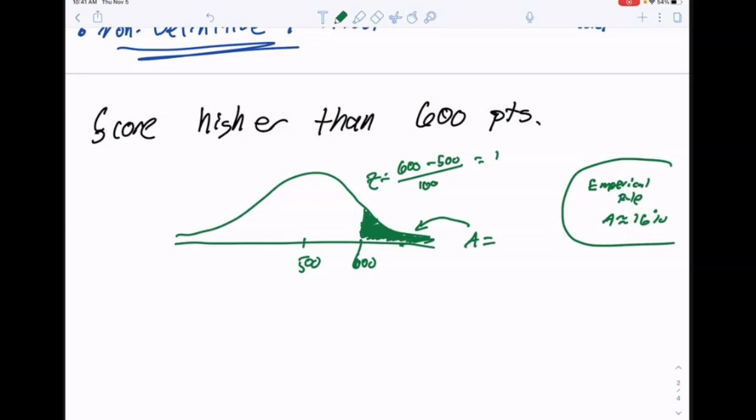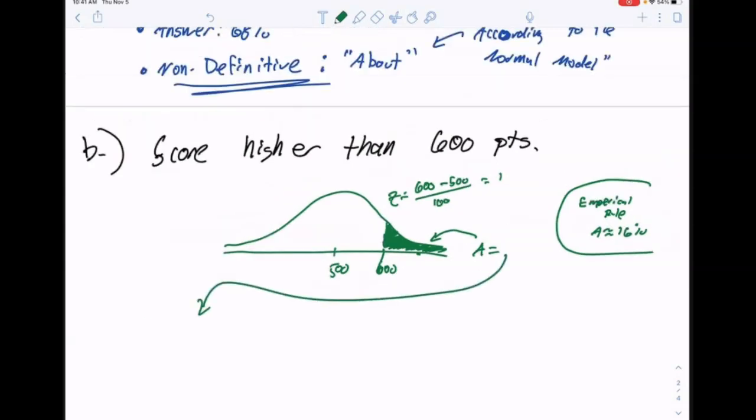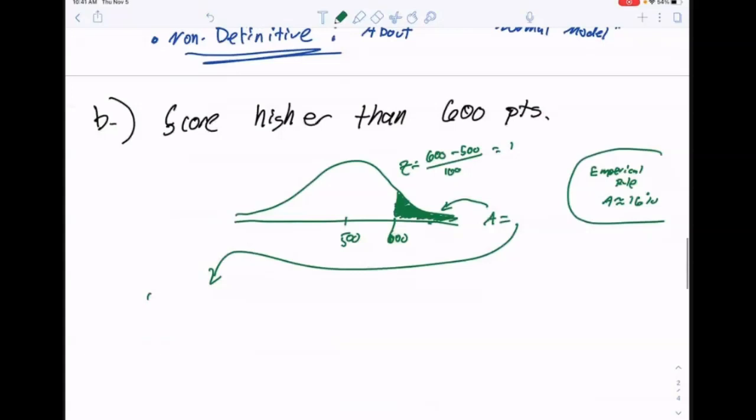So we need to know how to use the graphing calculator. What am I going to use to find this? The distribution pattern. Yeah, so I'm going to use that normal distribution, which can look different depending on the calculator you're using.